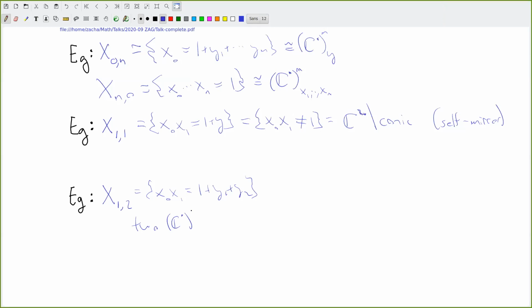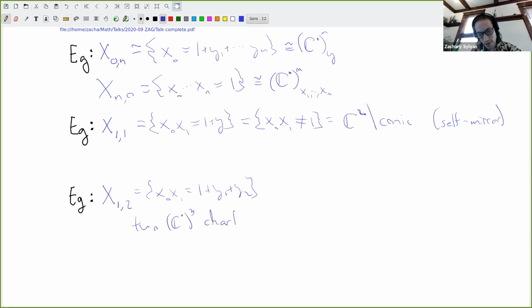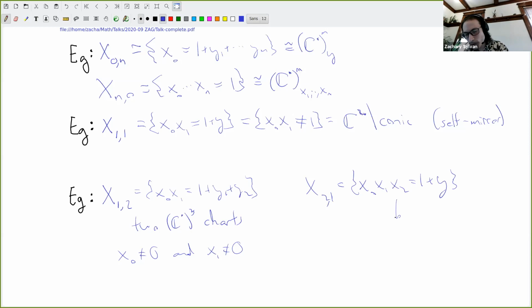Okay. So two (C*)^3 charts given by x_0 is non-zero and x_1 is non-zero. Now, on the mirror, we're going to have X_{2,1}. So this is going to be x_0 x_1 x_2 equals 1 plus y_1. And if I take the obvious projection to C, just 1 plus y, I'm going to have two special fibers.